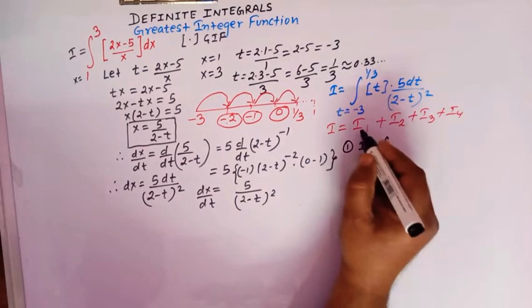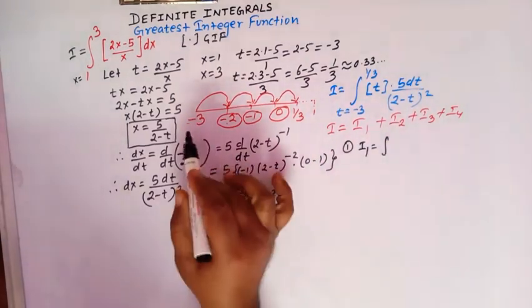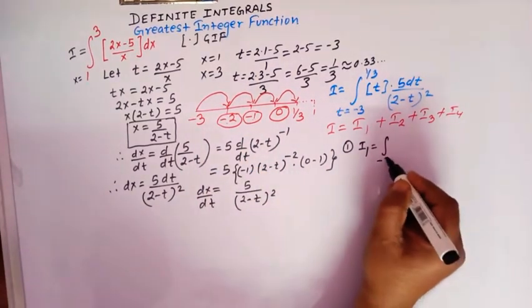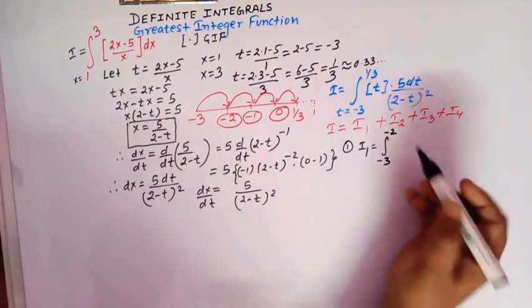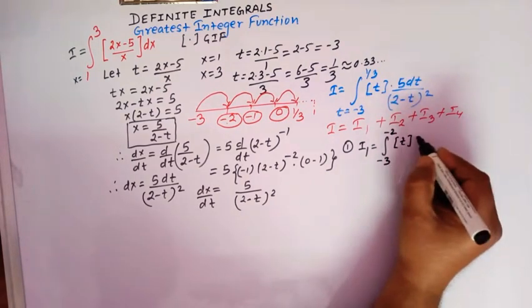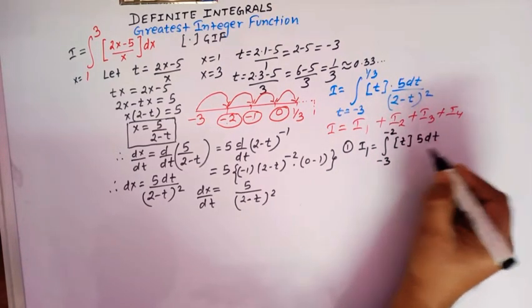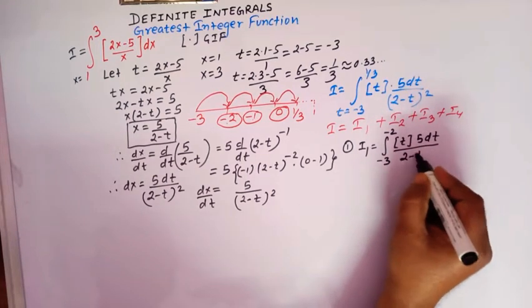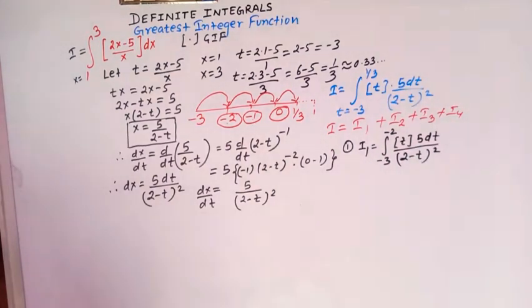So now I1 is from minus 3 to minus 2, and here we have the greatest integer of t times 5 dt over (2 minus t) squared.